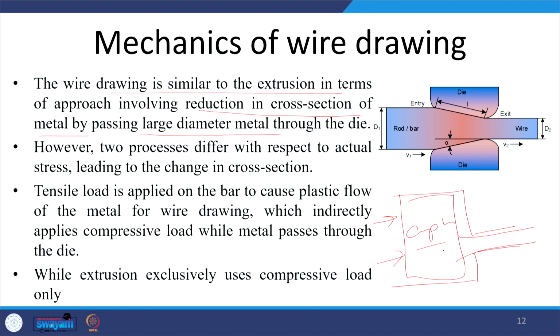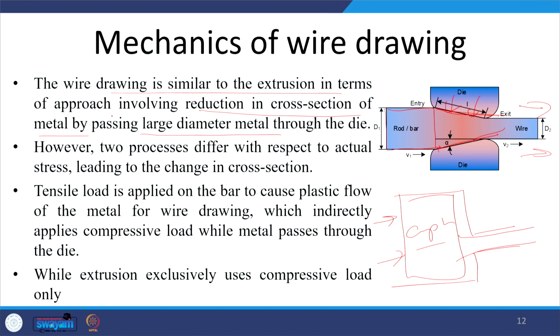But in wire drawing, the large diameter wire is passed through the die, which leads to a reduction in diameter, but with the application of tensile force. Tensile force indirectly causes compressive force with the help of the die, that is another aspect, but we have to apply the tensile force for causing the wire drawing.